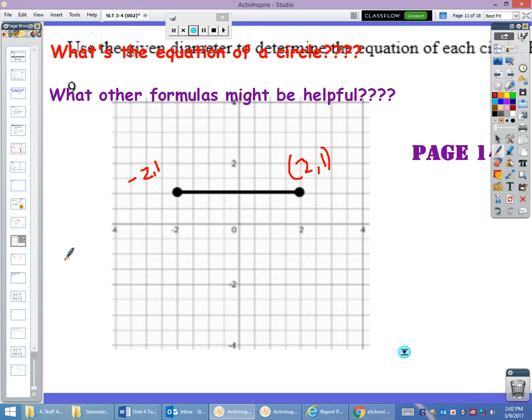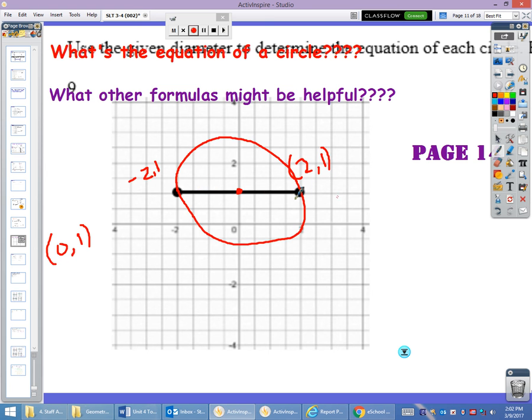So the x-coordinate of the midpoint is 0. The y-coordinate: 1 plus 1 is 2, divided by 2 is 1. So I know the midpoint is at (0, 1). And that also has to be the center of the circle, because the diameter goes through the center of the circle.